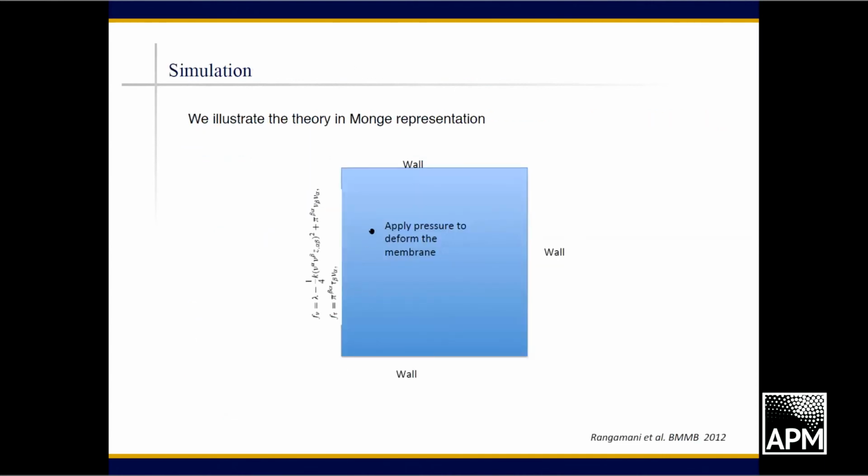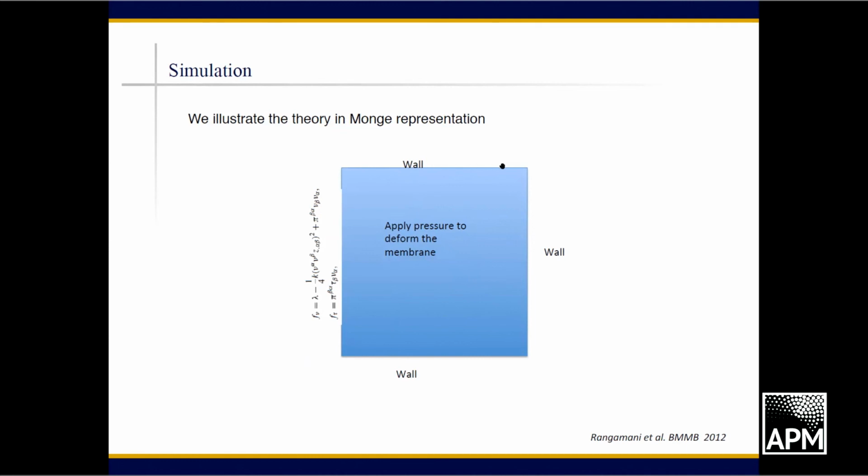A simple problem to illustrate would be, for example, this one. Let's study the evolution of a square film. We will apply a pressure transverse, perpendicular to your screen, to cause an out-of-plane deformation of the bilayer.